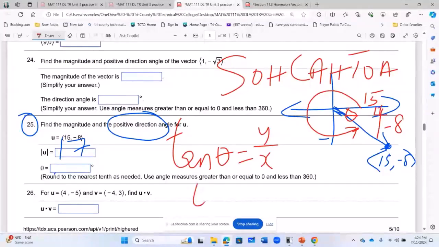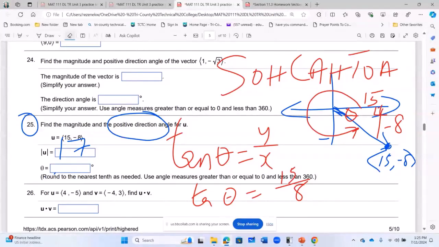Now the tangent of the angle theta is 15 over 8. I don't have to use negative 8 because I already know that the angle will be negative. It's in the fourth quadrant. Either way, I can just use the reference angle, but when I finish, I will find 360 minus that reference angle, because the angle is in the fourth quadrant.